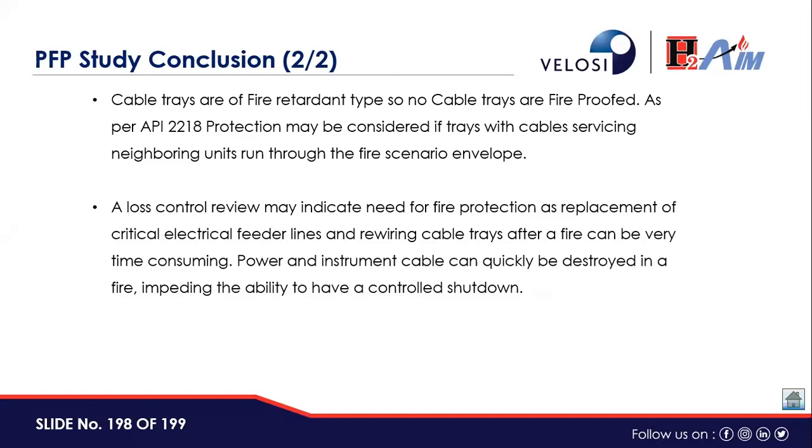A loss control review may indicate need for fire protection as replacement of critical electrical feeder lines and rewiring cable trays after a fire can be very time consuming. Power and instrument cable can quickly be destroyed in a fire, impeding the ability to have a controlled shutdown.